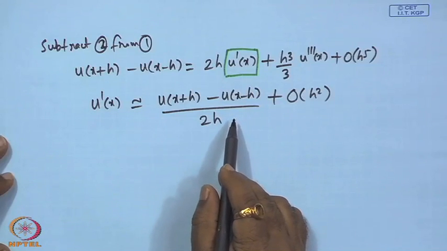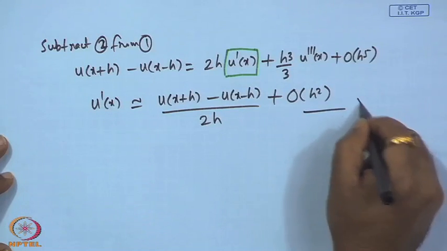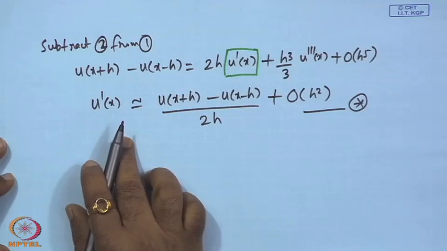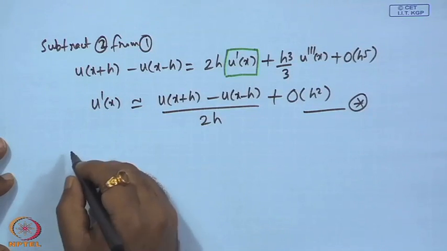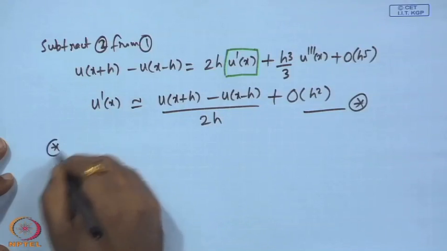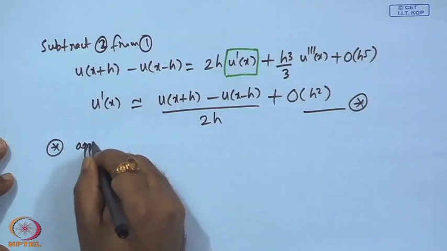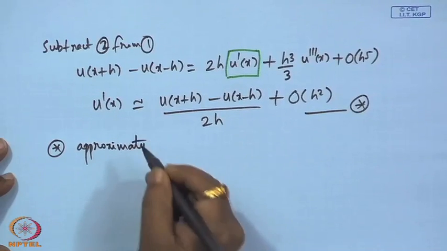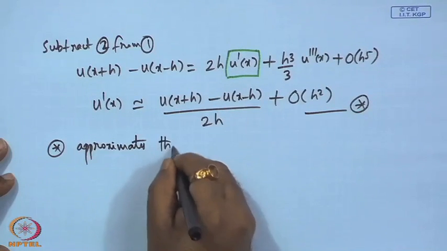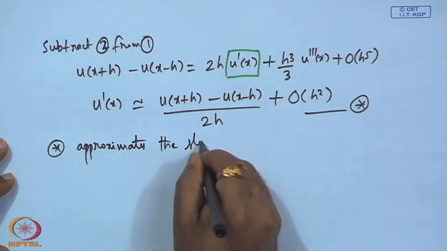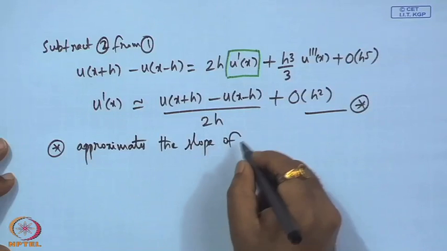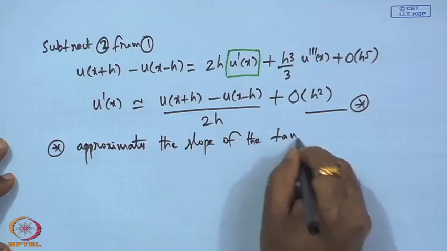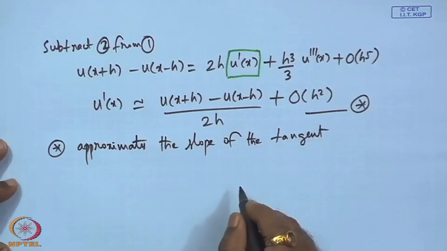So, what is happening geometrically? Geometrically, this star approximates the slope of the tangent.